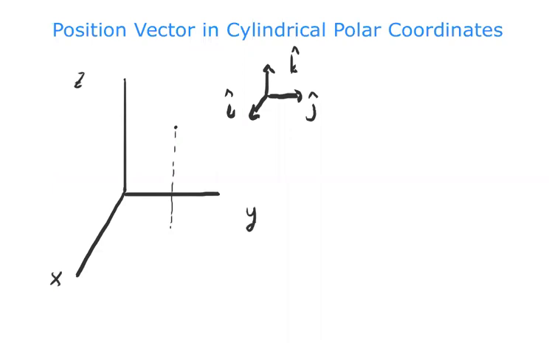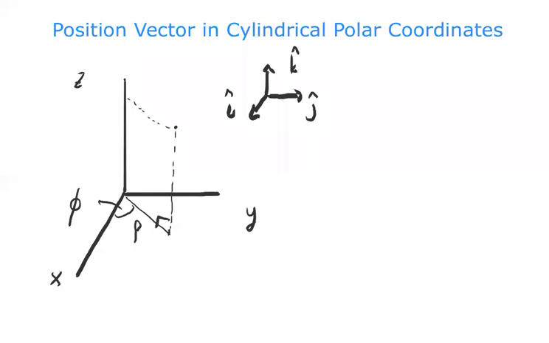You can then draw a line from the origin to that point. So this is a right triangle. This is simply the length rho, the magnitude of the vector, and that's phi, the azimuthal angle.